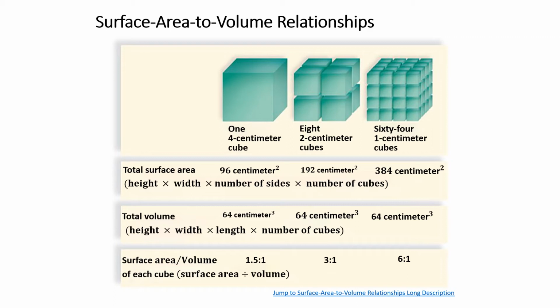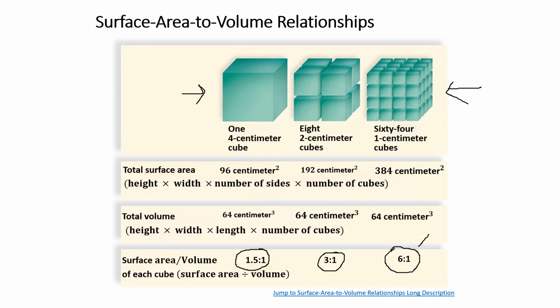So here, just doing math, this represents a large cell, this represents a bunch of small cells. And then you can see the surface area to volume ratio with each scenario.